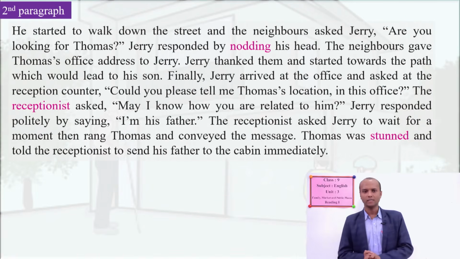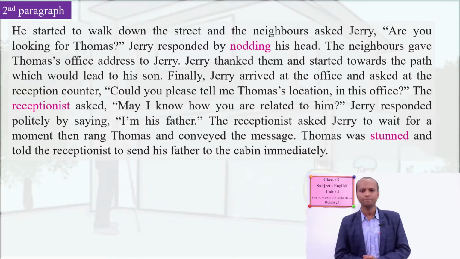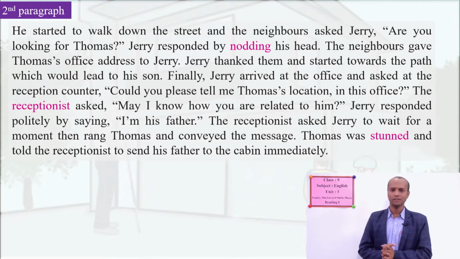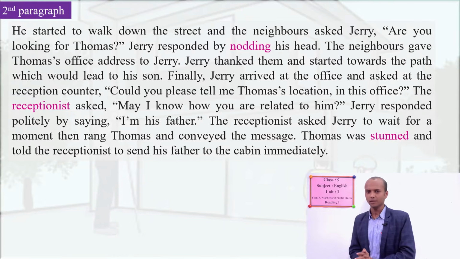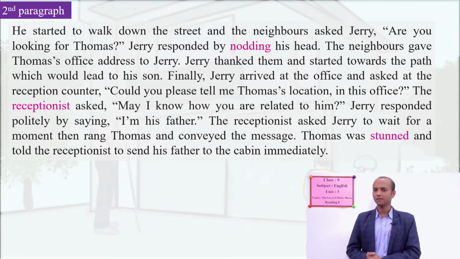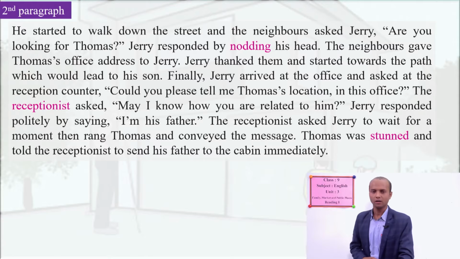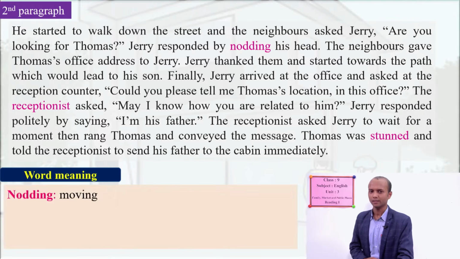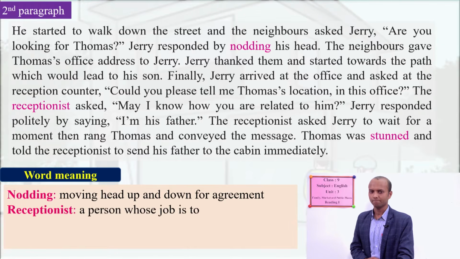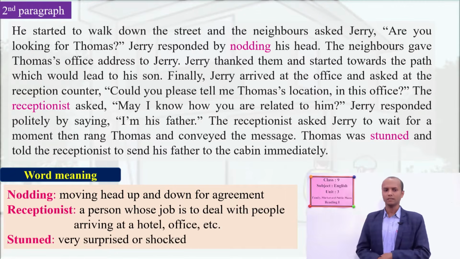Dear students, now let's see the second paragraph. Again, you can see some highlighted words, for example nodding, receptionist, and stunned. Please read the meaning of these words first, and then it will be easier for you to understand the text. The first word is nodding.